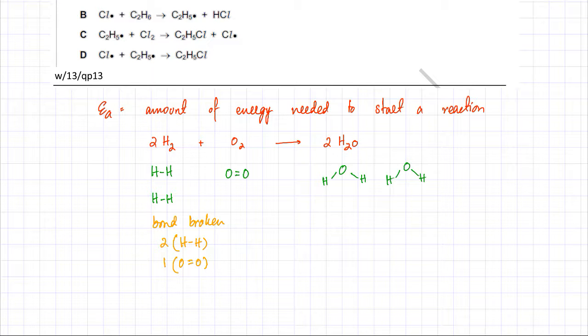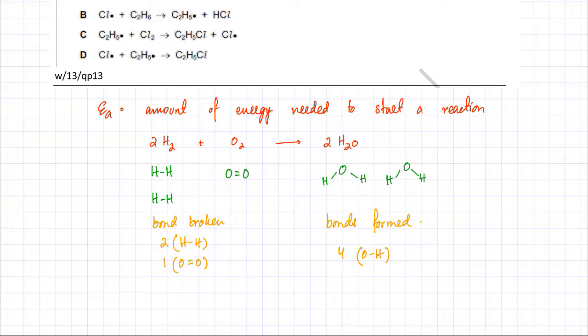Once those bonds are broken, new bonds are formed, in this case between oxygen and hydrogen atoms. There would be four O-H bonds formed.